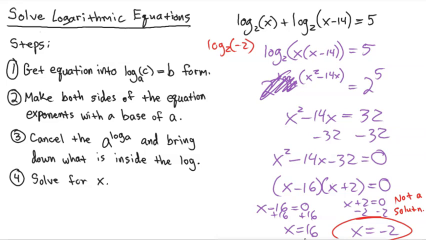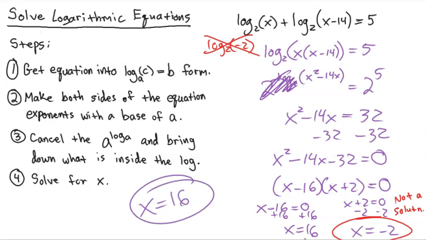And we said in one of the previous lessons that you cannot take the logarithm of a negative number, and therefore negative 2 cannot be a solution. The only solution is x equals 16. So the final answer is simply x equals 16.